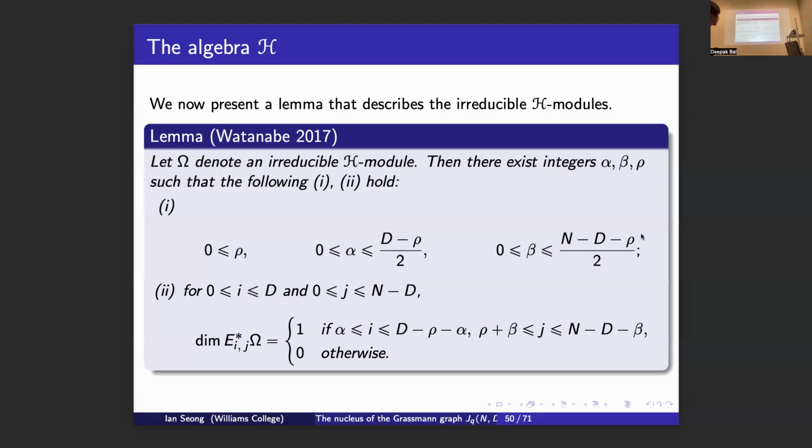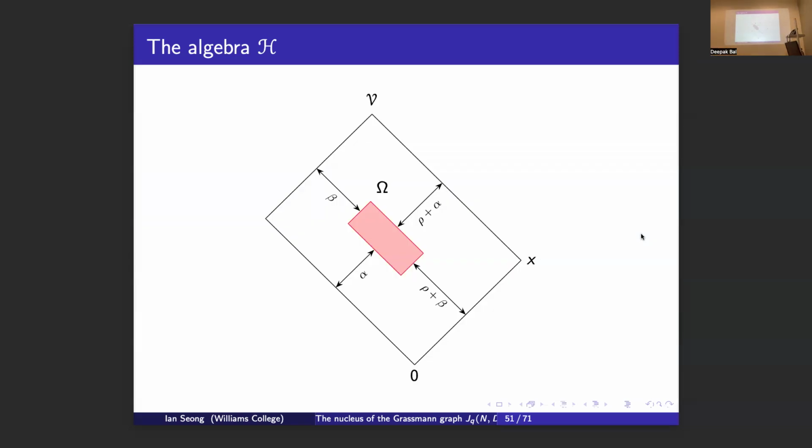Okay, so here's a diagram that describes the irreducible H modules. Just like for the irreducible T modules on a graph, where we located a bunch of red dots and connected them with a line, in the projective geometry picture we have a red rectangle. For each irreducible H module, you can locate where the subspaces contained in that module are going to be. We had 3 parameters, alpha, beta, and rho.